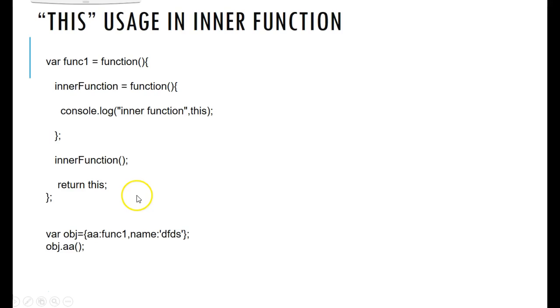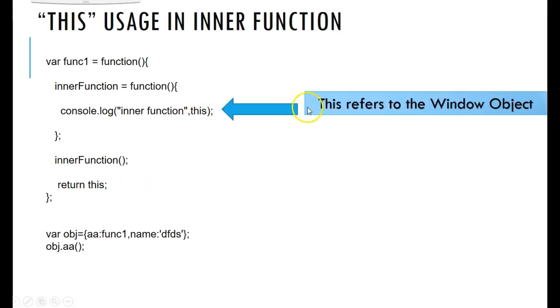To start with inner functions, here I have func1, and I have an inner function named innerFunction with a console.log this, and I am calling the inner function inside func1, and I am calling this func1 as a member of an object. So what will be the value of this here? The value of this here will be the window object.